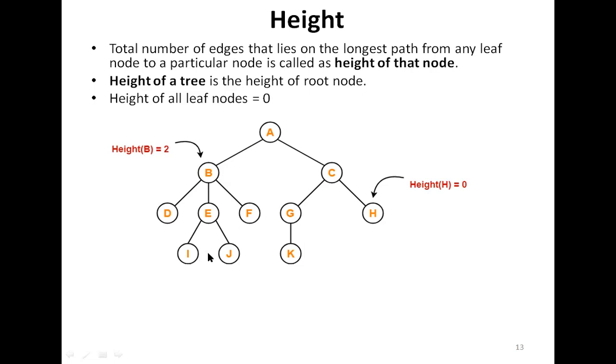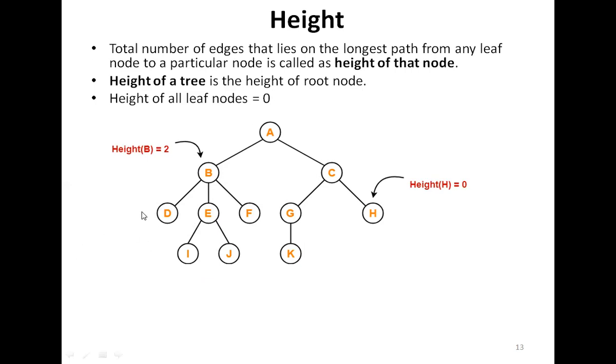Height is the total number of edges from the leaf node to this node in the longest path. Are you getting me or not? If you want to find the height of a node, you have to find the total number of edges from the leaf node to that node in the longest path.